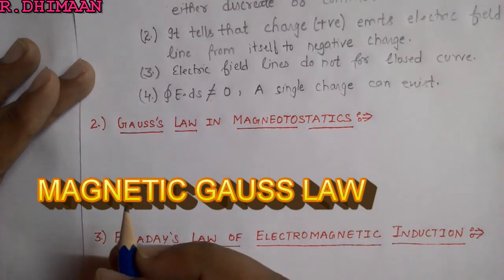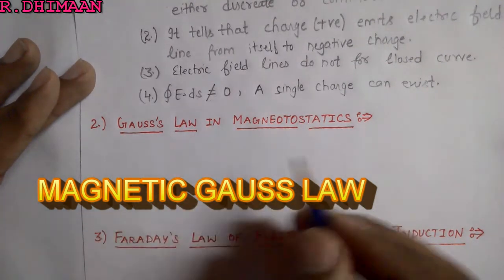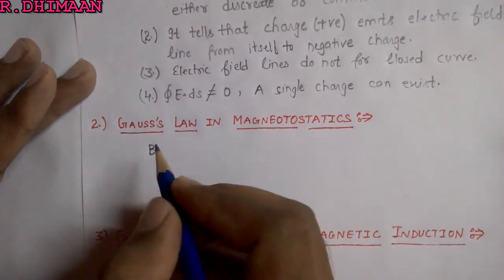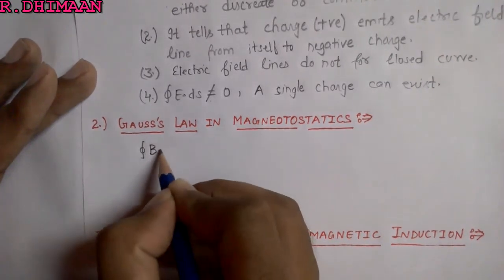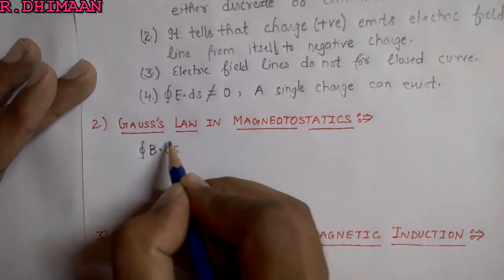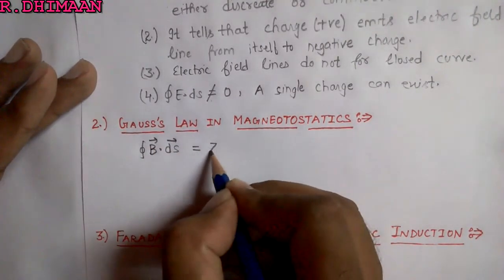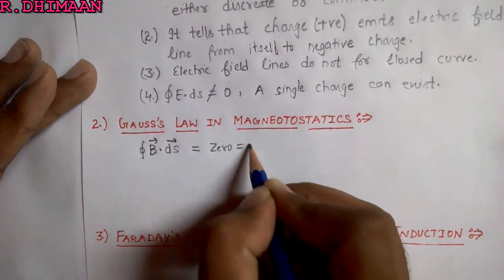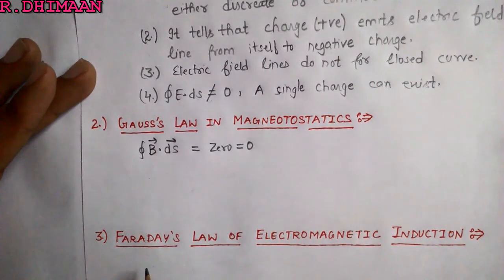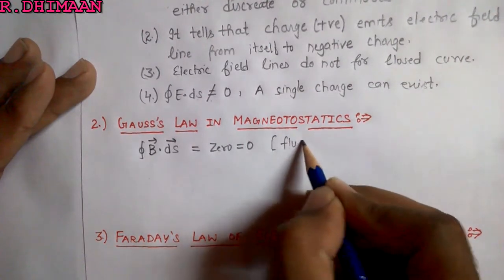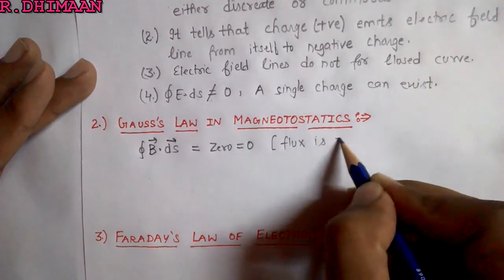Now, the second equation of Maxwell, Gauss law in magnetostatics. The surface integral of magnetic field lines over a surface is 0. It means flux is 0.